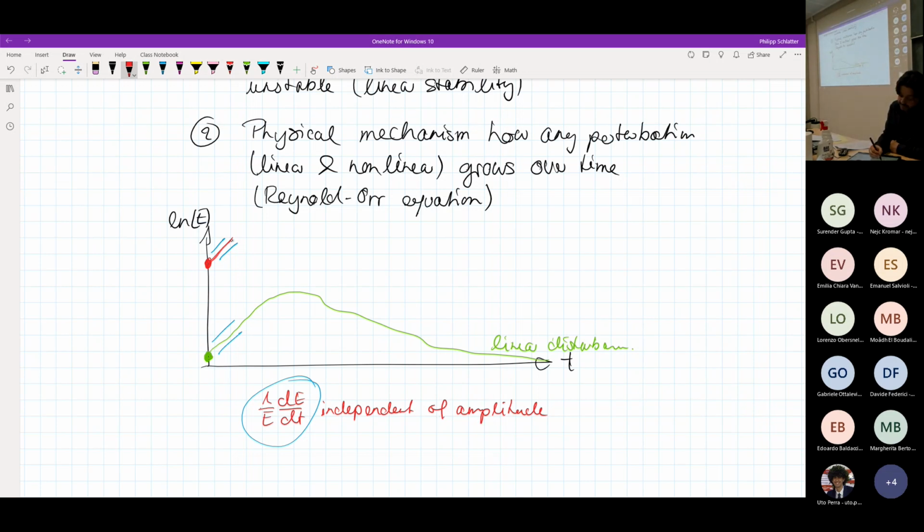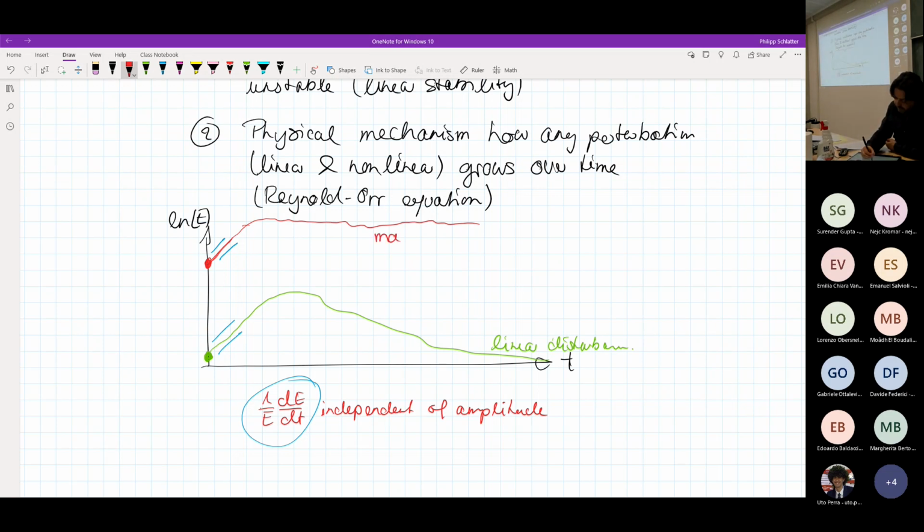Of course, what happens later on is that I may end up in nonlinear saturation. At some point, the amplitude may be large enough that nonlinear interactions become relevant, and we get saturation.